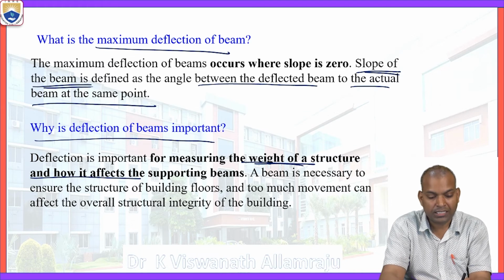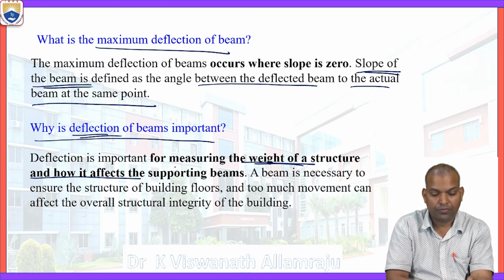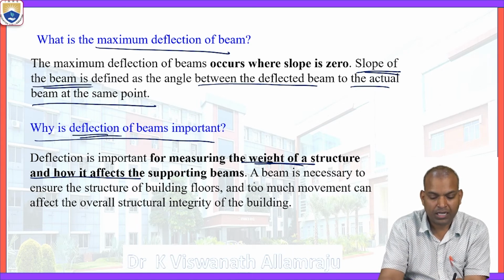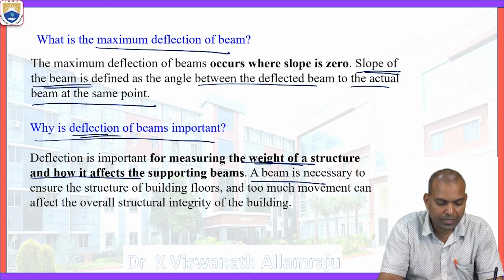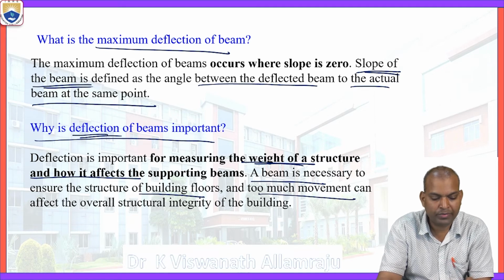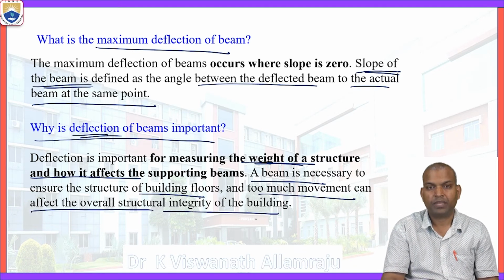So it is necessary to find out the deflections. Further, a beam is necessary to ensure the structure of a building's floors, and too much movement can affect the overall structural integrity of the building.